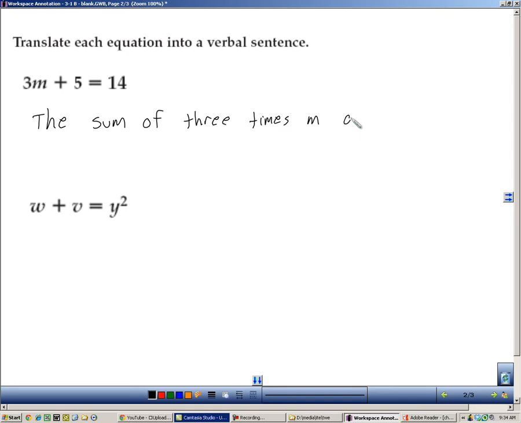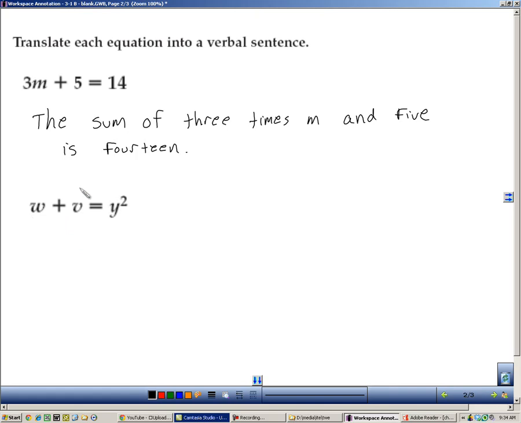Remember, the word and shows me where the sum symbol will go. So the sum of 3 times m and 5. Now I have to use a word for equals. We've talked about that, is 14. So that's one way that you could say this. There are others. 3 times m plus 5 equals 14, something like that. But that's the one that I used.